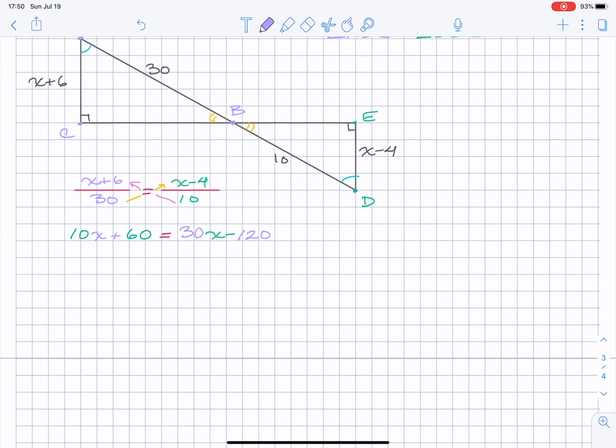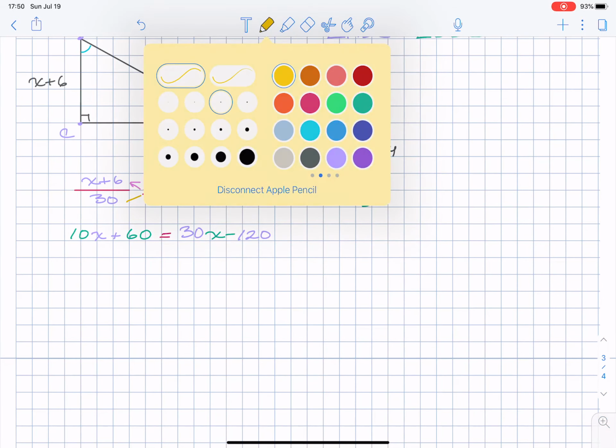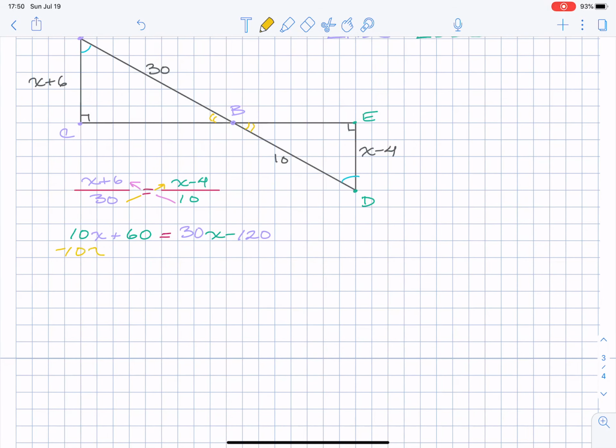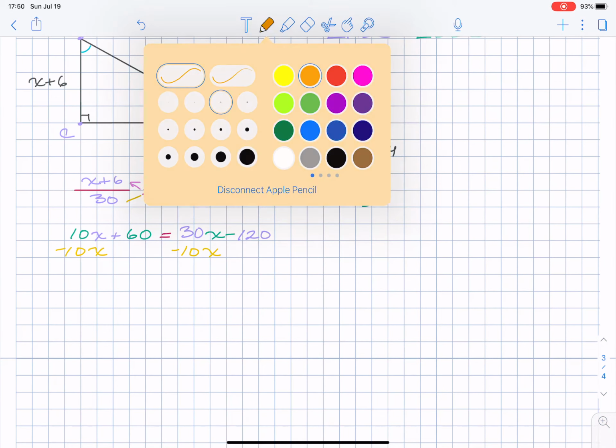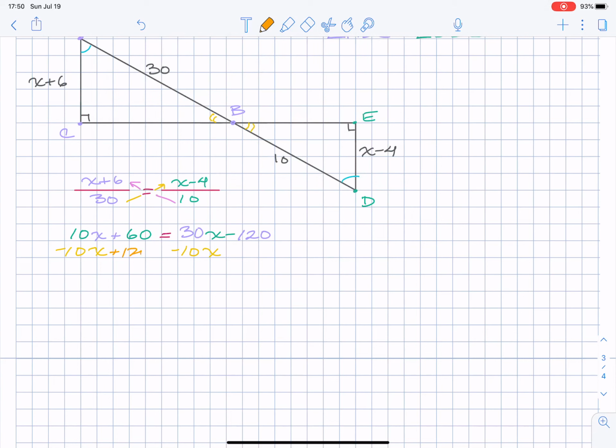So let's add 120 to both sides and subtract 10x from both sides.